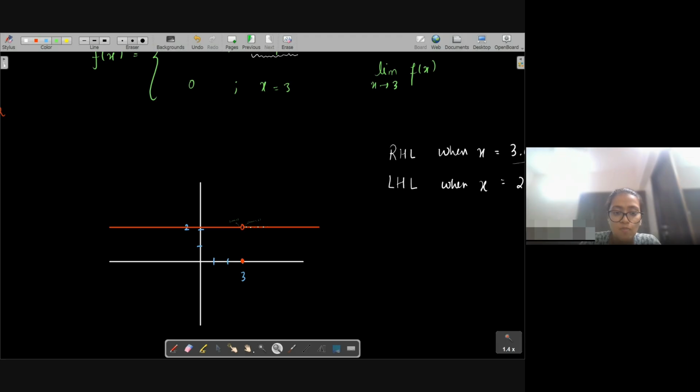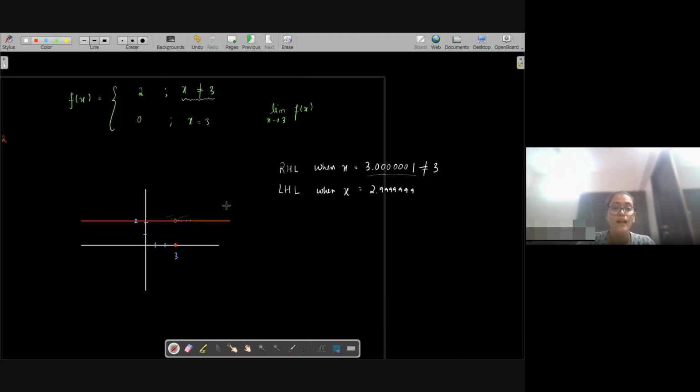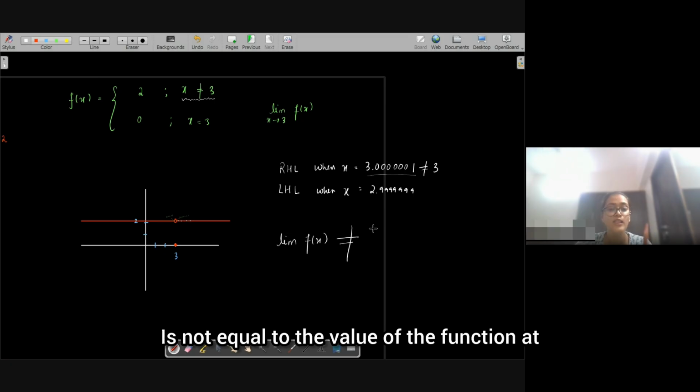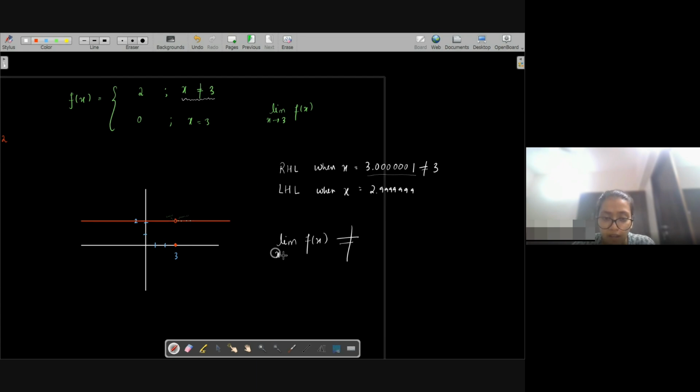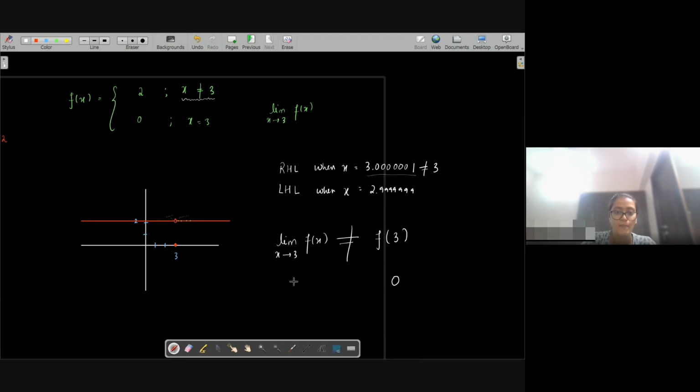Limit will be 2. And here, why I was saying that this is a very good conceptual question. The limit of a function is not equal to the value of the function at that point. So the value of the function, that means f of 3, is 0 in this particular case. f of 3 is 0, right? And the limit of the function when x is approaching 3 is 2.